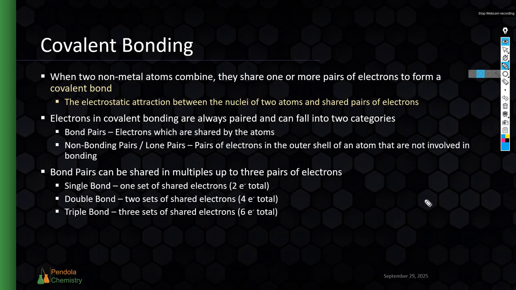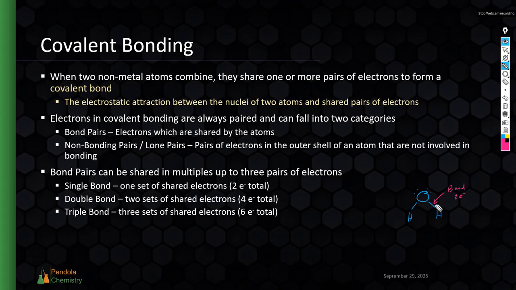Because the idea here is that when we have a very simple molecule like water, let's draw water here, we have oxygen with the two hydrogens, and then we have two lone pairs of electrons. So something we need to remember, this bond right here is made out of two electrons.